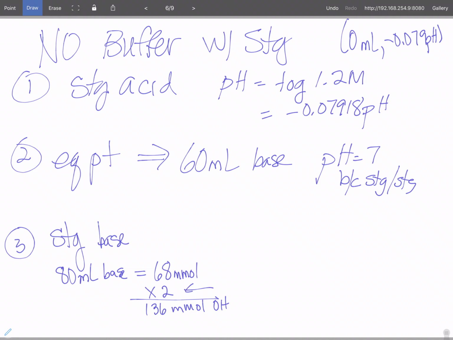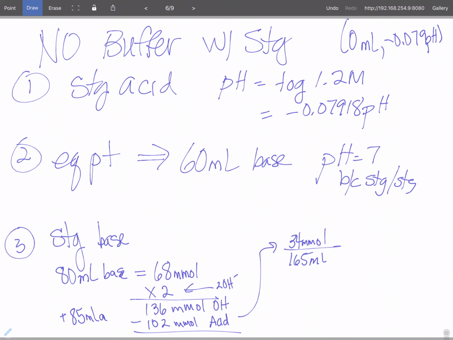Remember 2 because there are 2 OH groups, minus the number of millimoles of acid, which results in 34 millimoles divided by my new volume, which is 165 milliliters, because we used 80 milliliters of base, plus we originally had 85 milliliters of the acid.